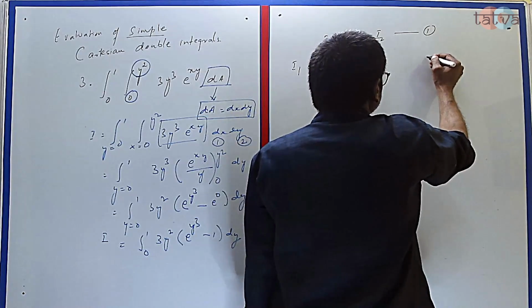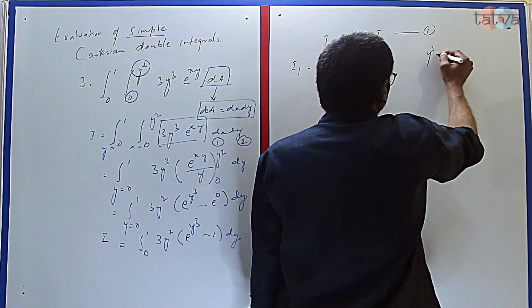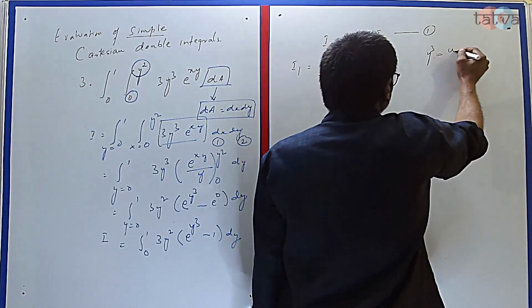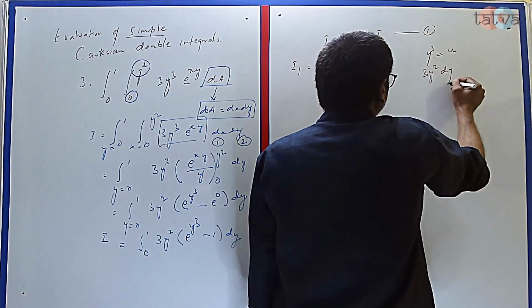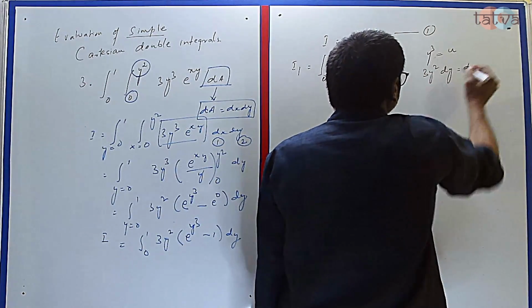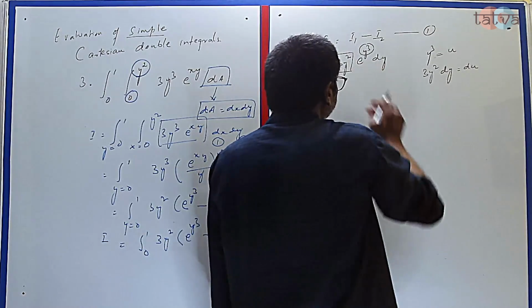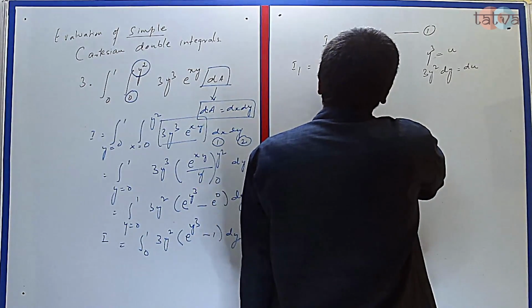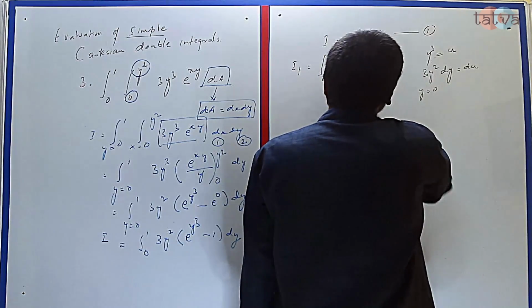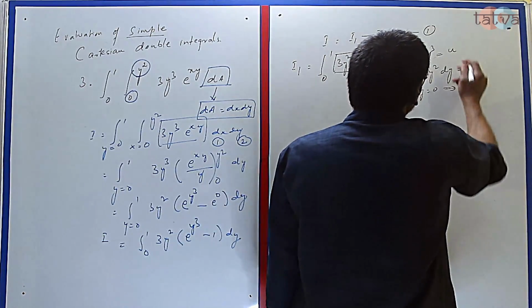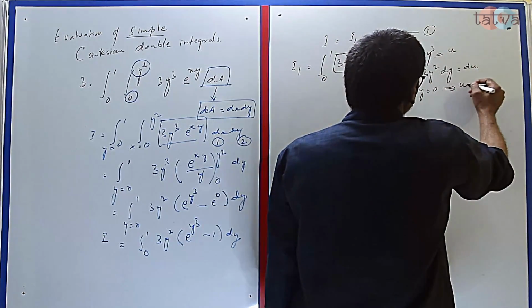So we'll make a simple substitution. Y cubed is equal to u, and take differentials on both sides. 3y squared dy is equal to du. But there should also be a change in limits. Let us start with y equal to 0, the lower limit, and work out the corresponding u limit.